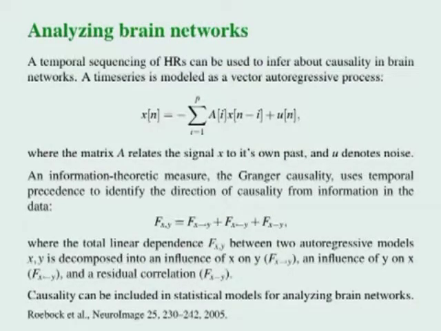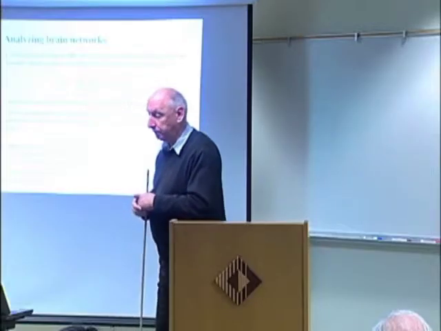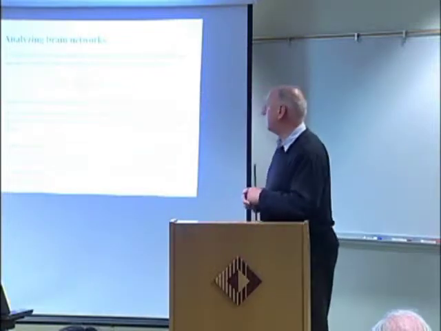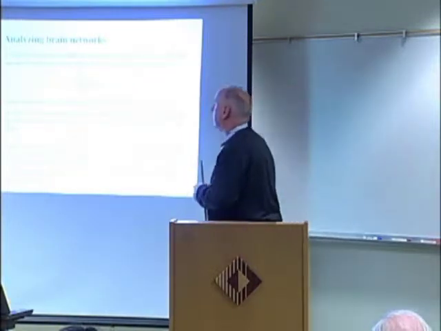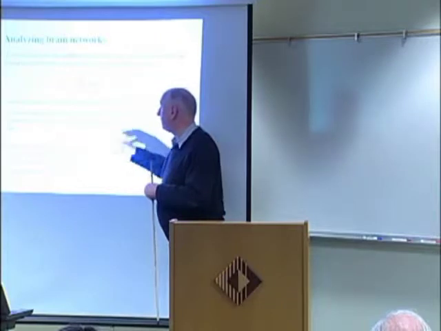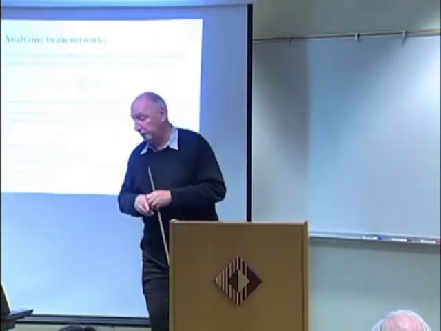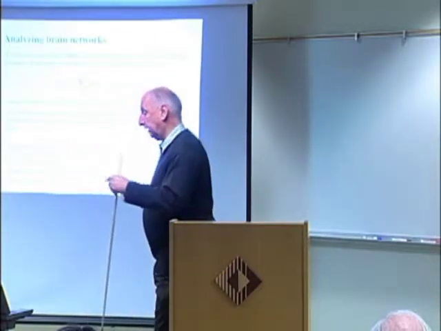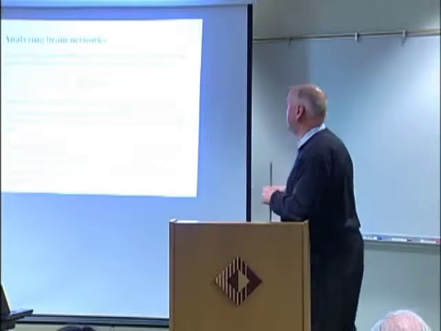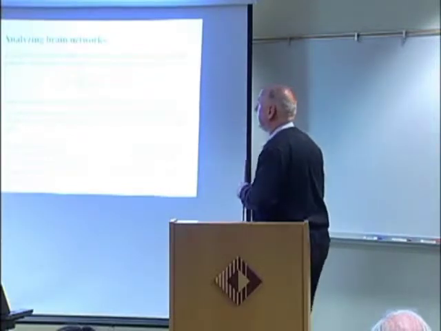You can go on then and use this in the framework to analyze brain networks. And we heard yesterday already a bit about Granger causality. So you can come up with some information theoretic measures about the coherence of two time series and the influence of two time series.